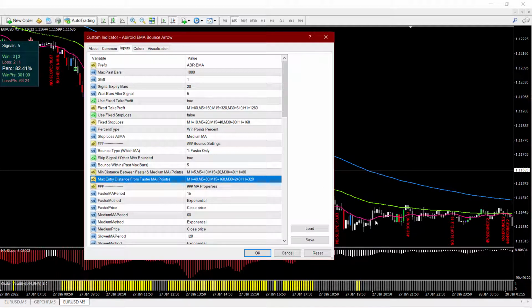So this pink MA and the entry point. So we can set these values in points.